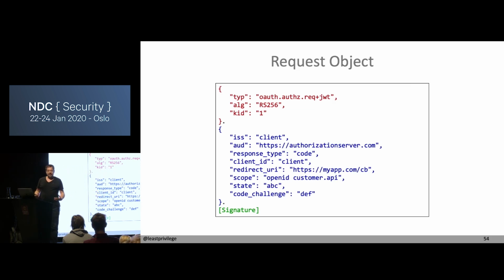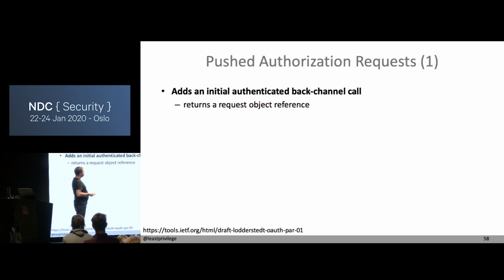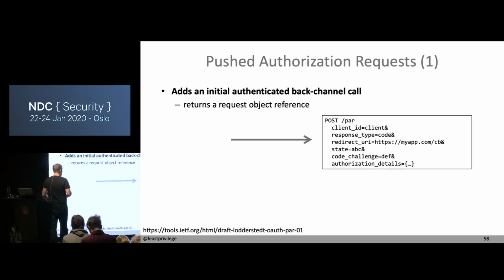That is an interesting idea, but practically speaking, these URLs get very, very long, depending on how much you put in these JSON Web Tokens. So one step further is this. It's called pushed authorization requests. And the idea is, instead of doing an initial authorization request, you first open a back channel to the server. Then you push all of your parameters on that back channel to the server.